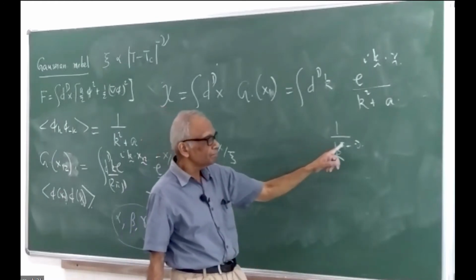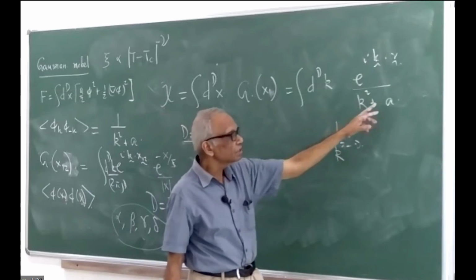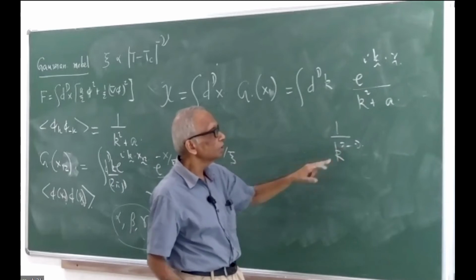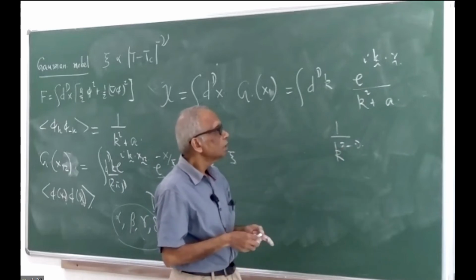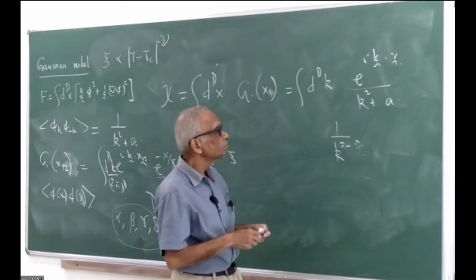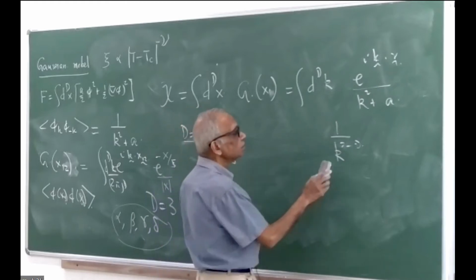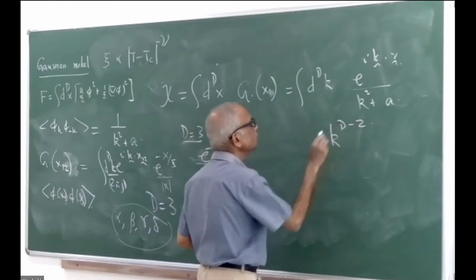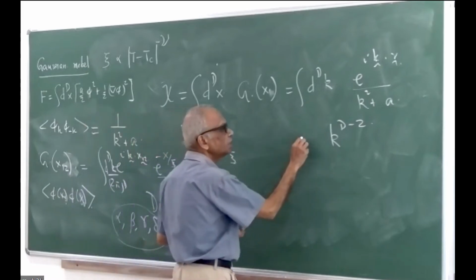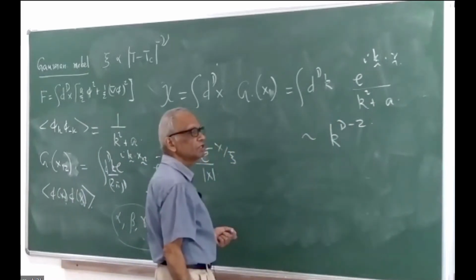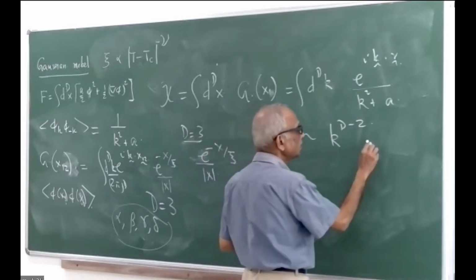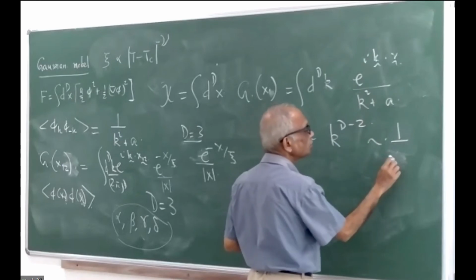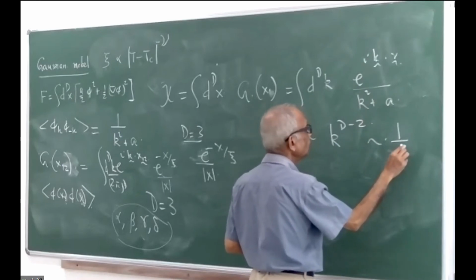It is k to the power d minus 2 for this integral over here, from which I can get that it is like 1 over r to the power d minus 2.